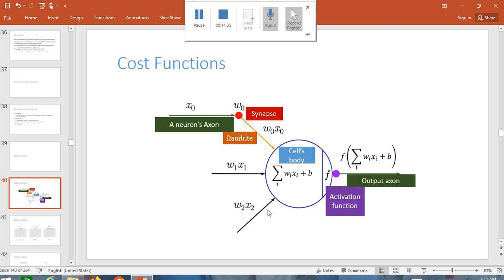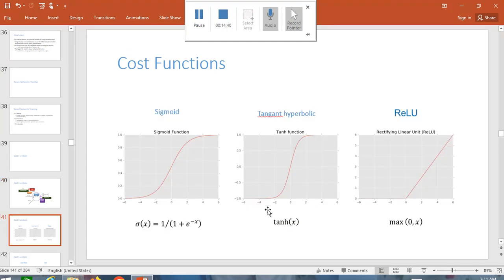As you know, sigmoid, hyperbolic tangent, and other activity functions have been introduced for this purpose for a long time. As you can see, the sigmoid function and hyperbolic tangent function are very similar, and they can be calculated from each other.